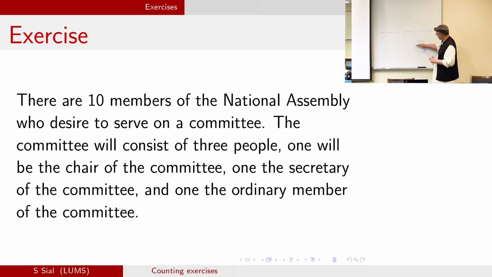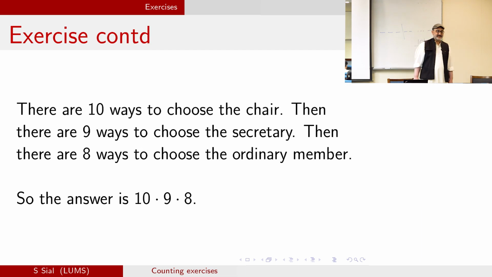So in this 10 factorial, you've overcounted by 7 factorial. And that's the same as 10 times 9 times 8, right?